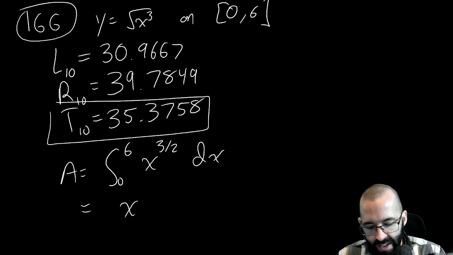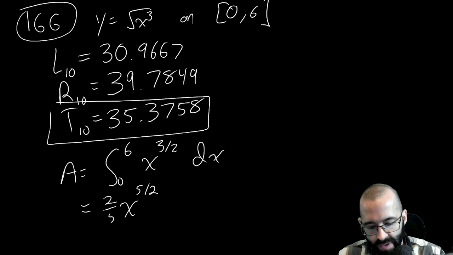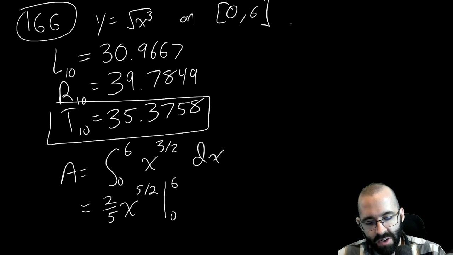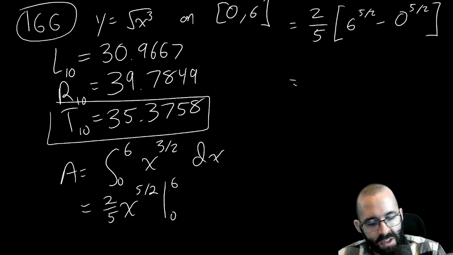So we're going to add an exponent, divide by that exponent, and evaluate it from 0 to 6. We can factor out a 2/5 if we'd like, and then plug in 6 to the 5 halves, and then plug in 0. And we're just going to get 6 to the 5 halves. A couple of ways of simplifying that.